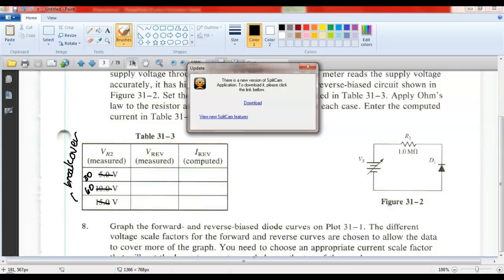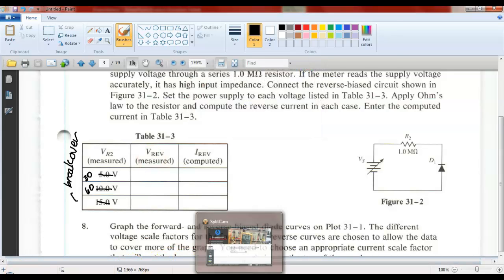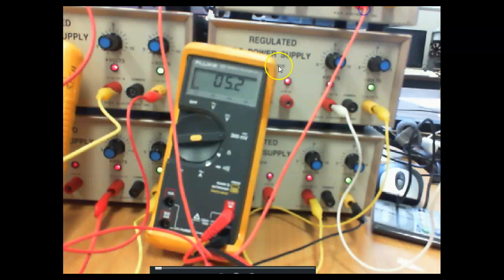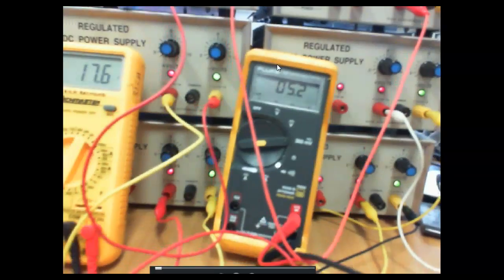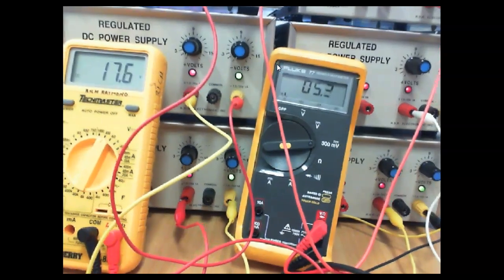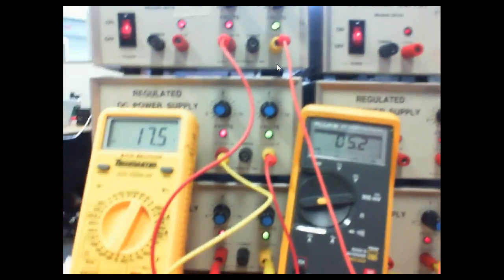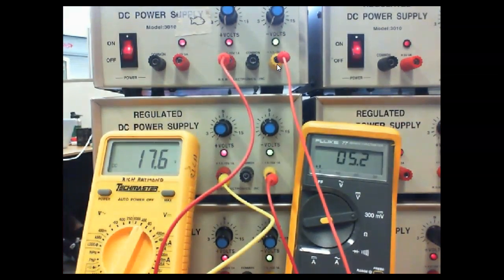Okay, so right now I've got 17 volts across. This is not our first measurement, but already we have leakage current. This is the meter on the right, measuring the voltage drop across my resistor. The meter on the left is measuring the voltage applied to the circuit.